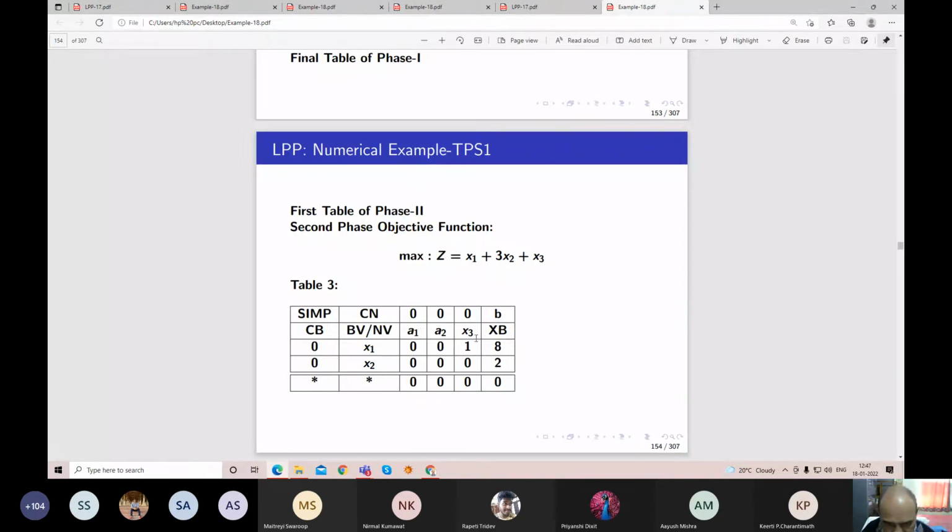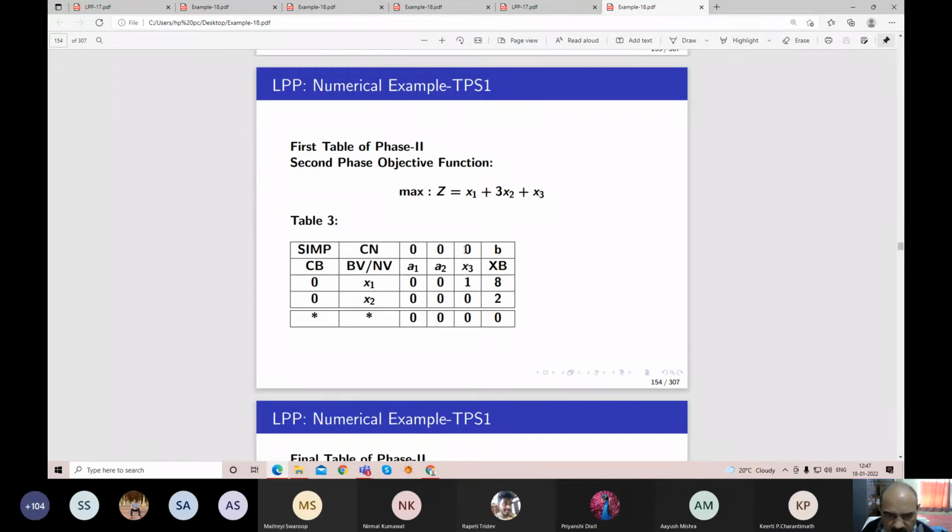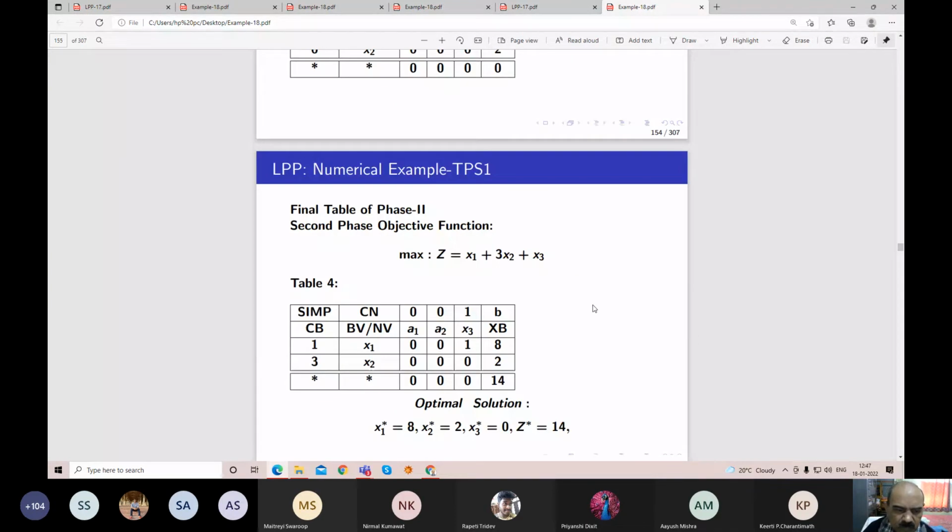The x3 above has a 0; in the next table, make this 0 a 1 because x3 is there. Instead of 1, 3, 1, you could also write -1, -3, -1 accordingly. Here it is 1, 3, 1. The coefficients will be 0, 0, 1, and then instead of 0, 0 it will be 1, 3.